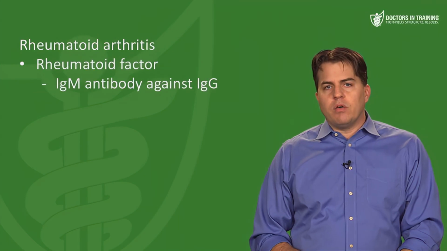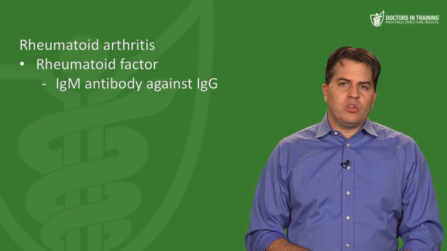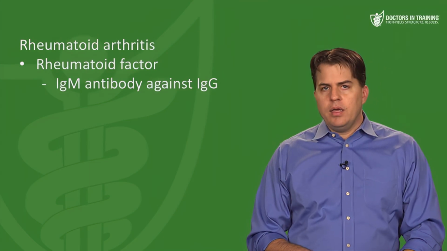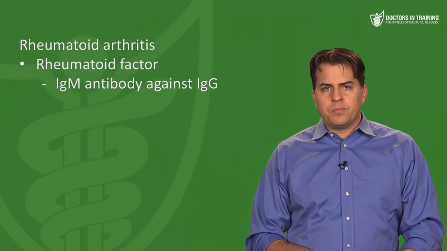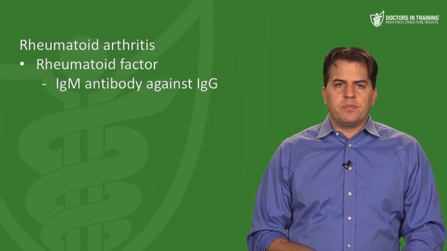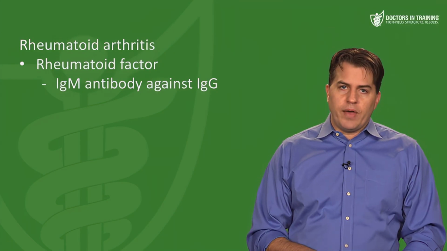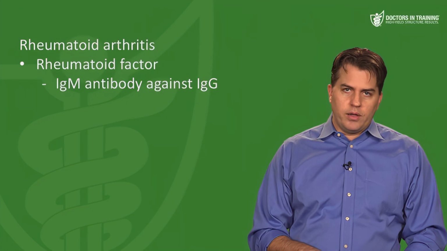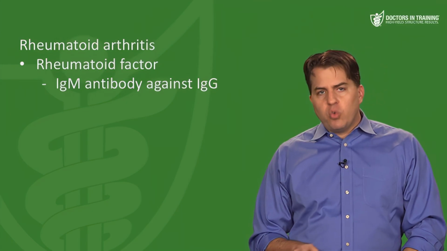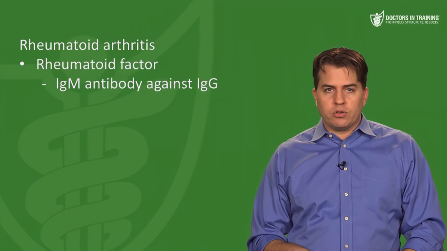About 80% of rheumatoid arthritis patients have a positive rheumatoid factor, which is an IgM antibody against human IgG. But the specificity for rheumatoid factor is low. Lots of patients with positive rheumatoid factor do not have rheumatoid arthritis. Additionally, about 20% of rheumatoid arthritis patients do not have a positive rheumatoid factor.